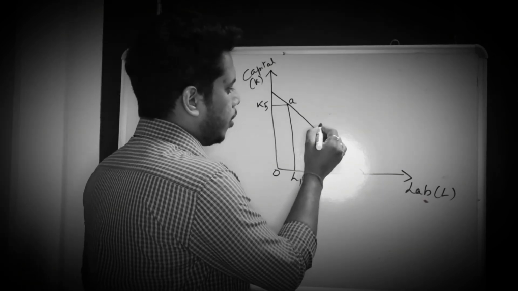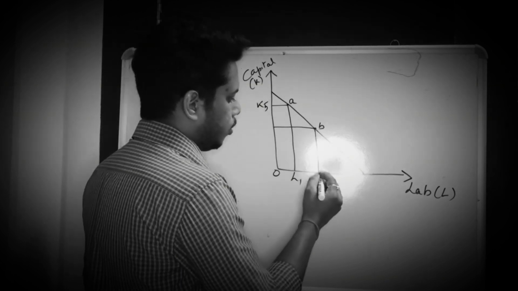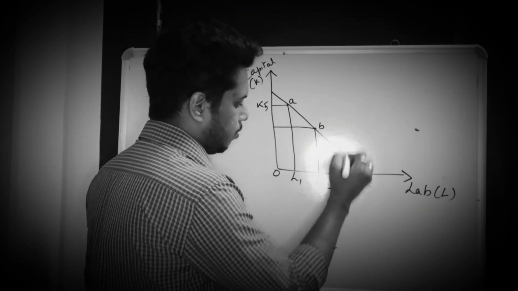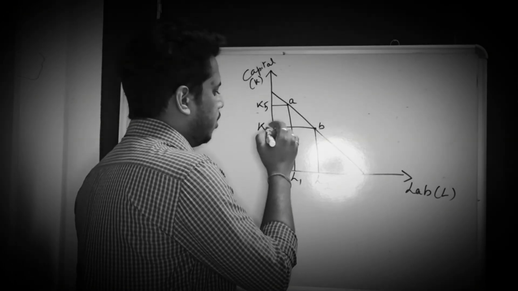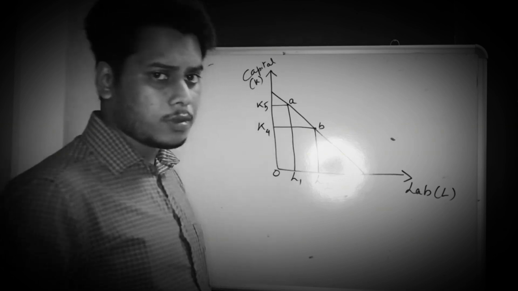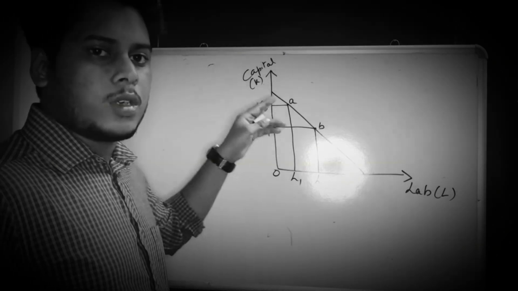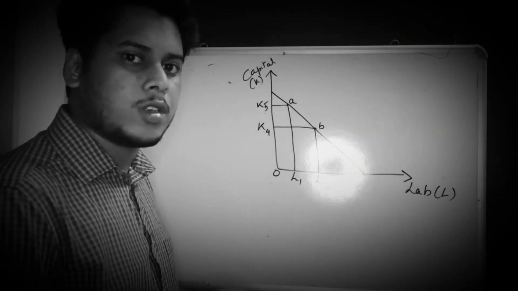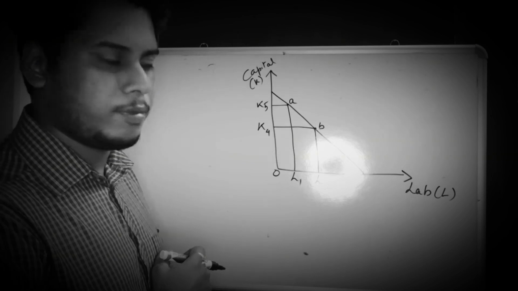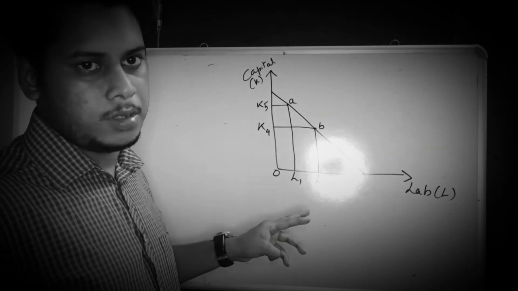Similarly, point B will also show a combination of these two inputs in which labor is a bit more than the previous one and the capital is a bit less. So it is a locus of points, meaning it is a combination of points. All lines are basically a locus of points. They are formed by a combination of points, and each point shows a combination of two inputs.